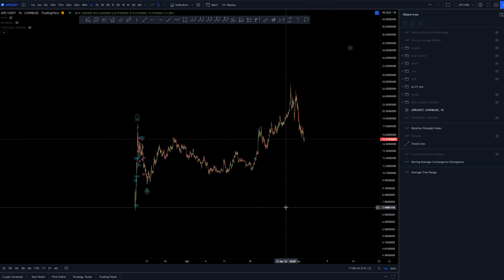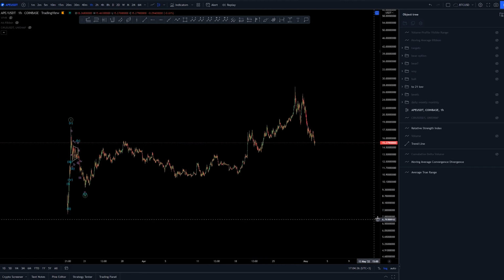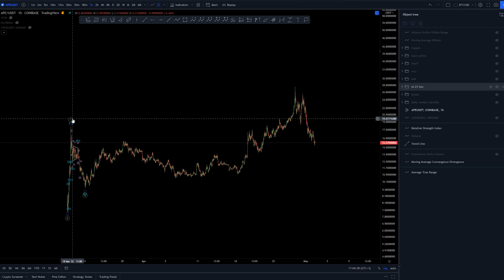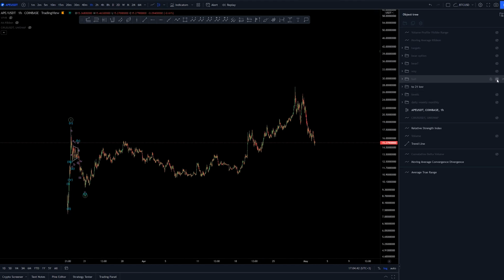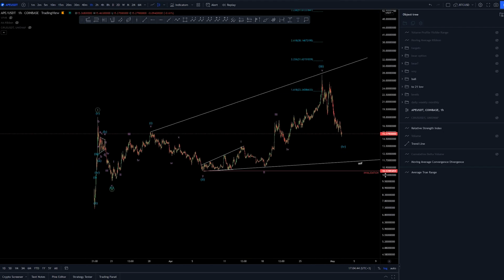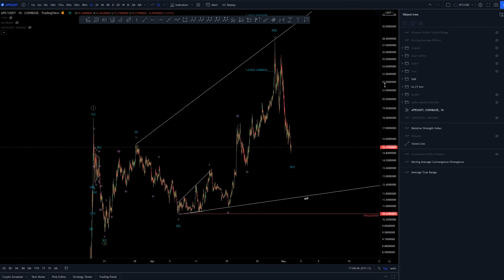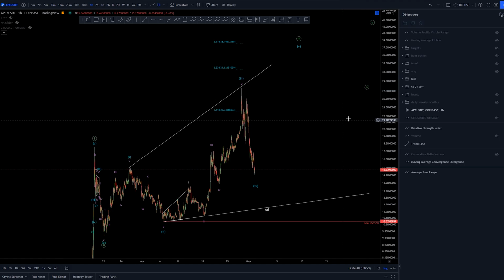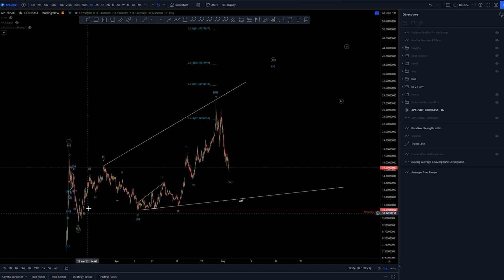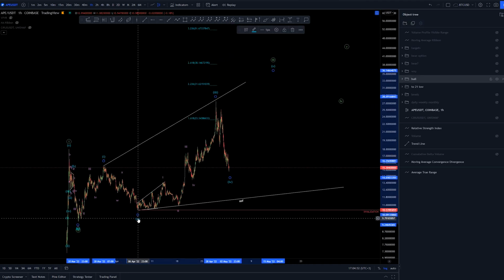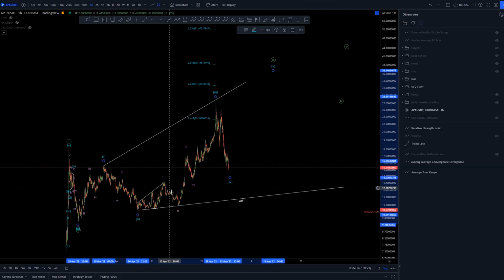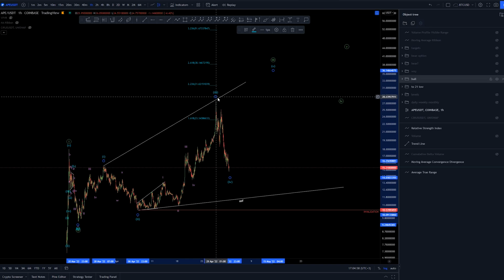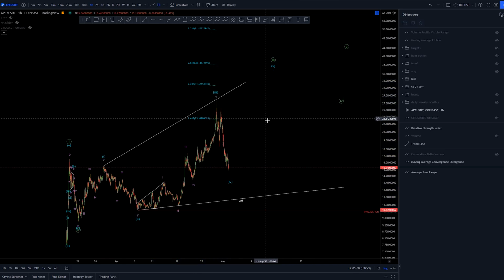So this was basically the idea that we had in the last video, saying that this was 1 and 2 of minute, and then we had different options from there on. This one is one option, saying that this is a really bullish move. We've had 1, 2 here in my minuette, and then again 1, 2, 3, 4, 5 into the third of minuette.